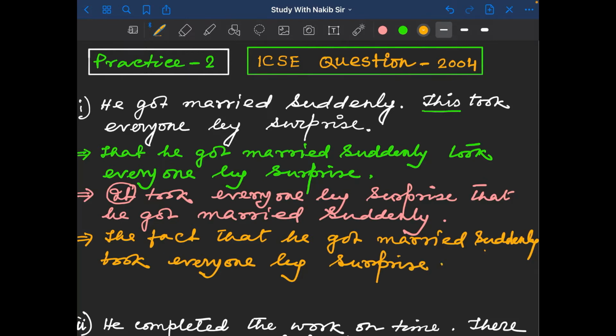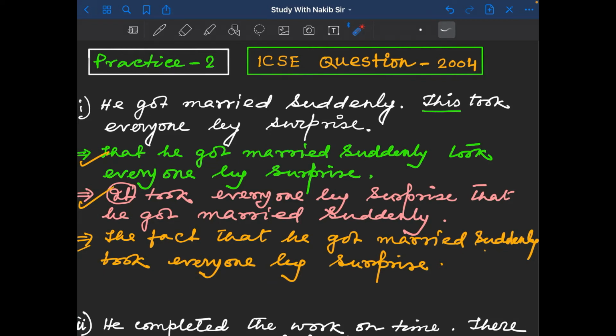Okay, so you got three combined sentences. Any one you can do, either this or this or this. The first one is that he got married suddenly, took everyone by surprise. Next one is it took everyone by surprise that he got married suddenly. And the third one is the fact that he got married suddenly, took everyone by surprise.